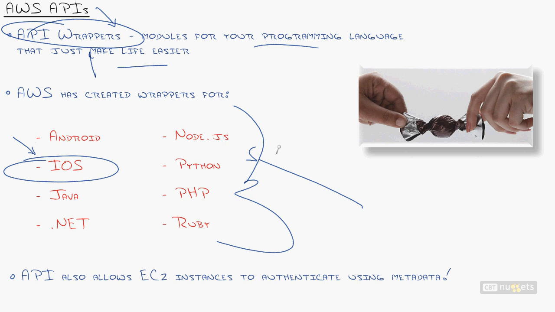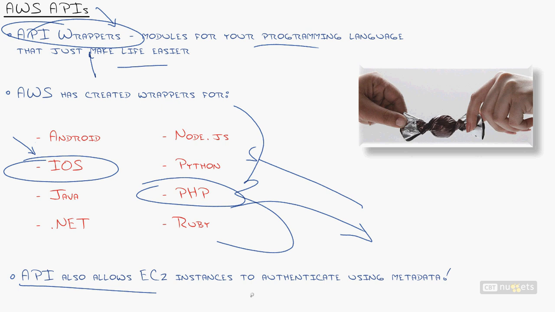You've got a wrapper for it that looks like PHP, but really it's typing Amazon API commands behind the scenes. The last thing I'll say on the API is it also allows the EC2 instances to authenticate using metadata. Many of you are like, what did he say? Well, here's the beauty.